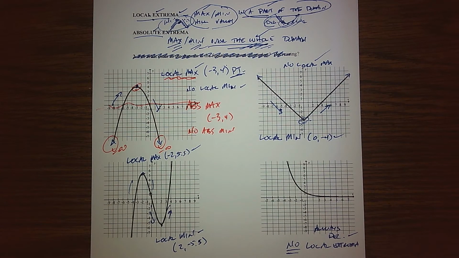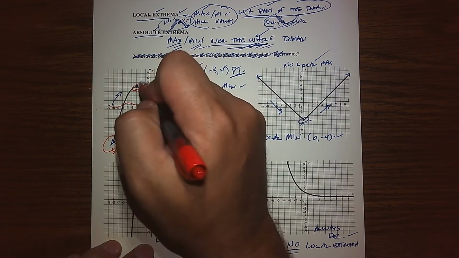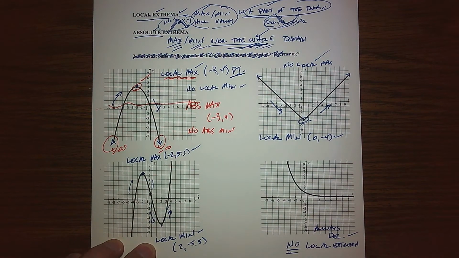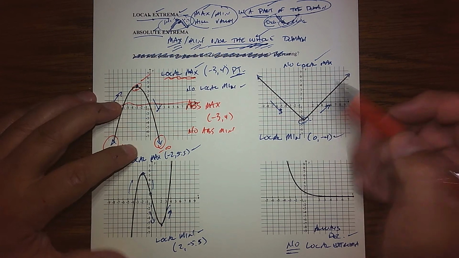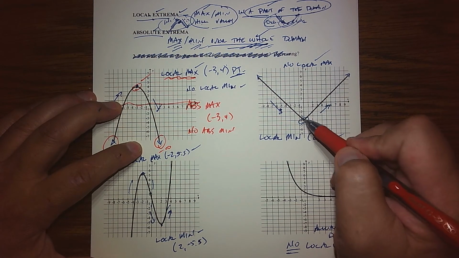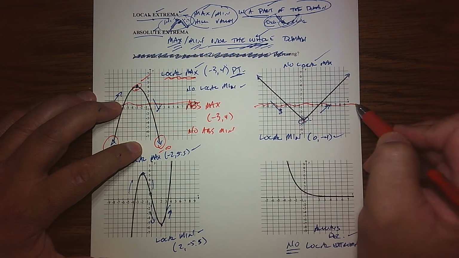So an absolute max or an absolute min has to be reached. Here we do reach that highest point, but because we're always going downwards, there's no absolute min that occurs. Over here, this is the lowest value throughout the whole domain.